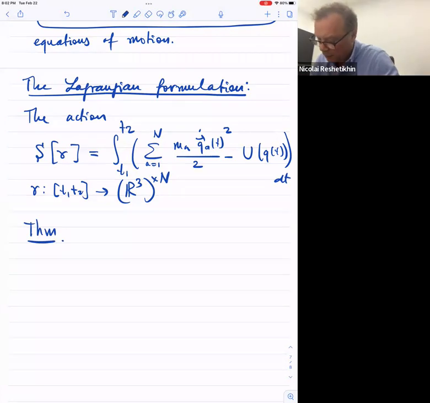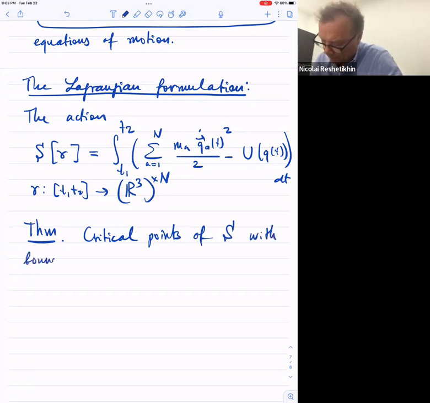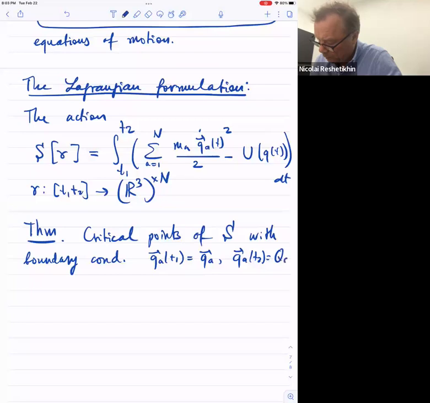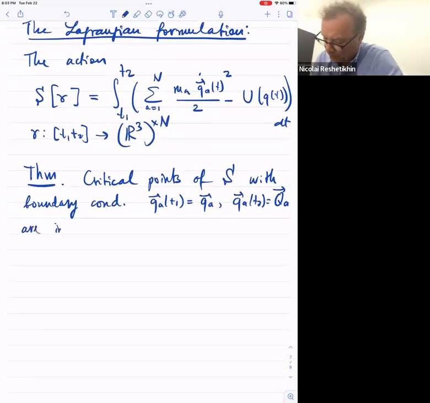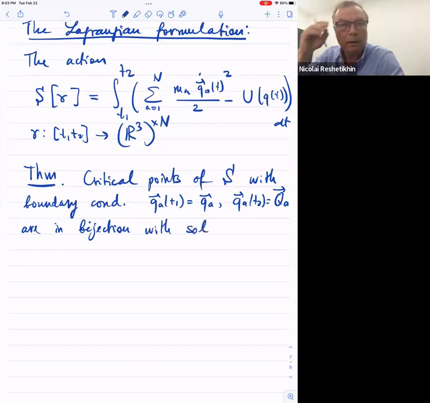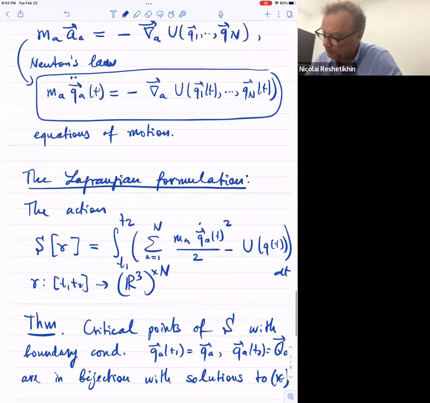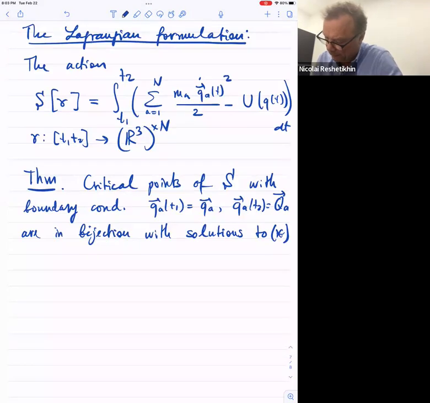It's an elementary exercise to prove it, just by analogy with what we already did, that critical points of S with boundary conditions Q_A(T1) and Q_A(T2) equal to Q capital A are in bijection with solutions to this equation, to Newton's equation, with the same boundary condition.